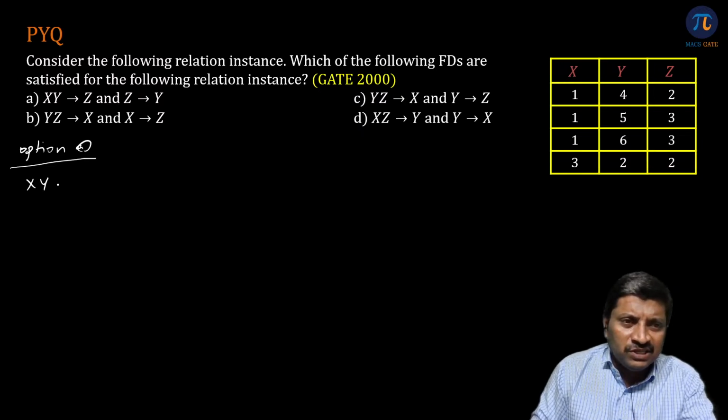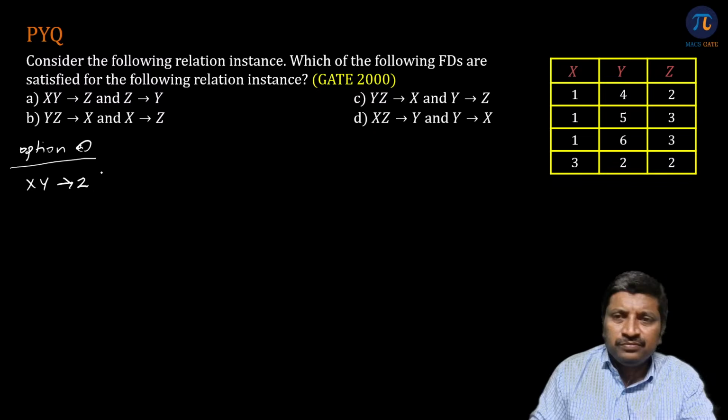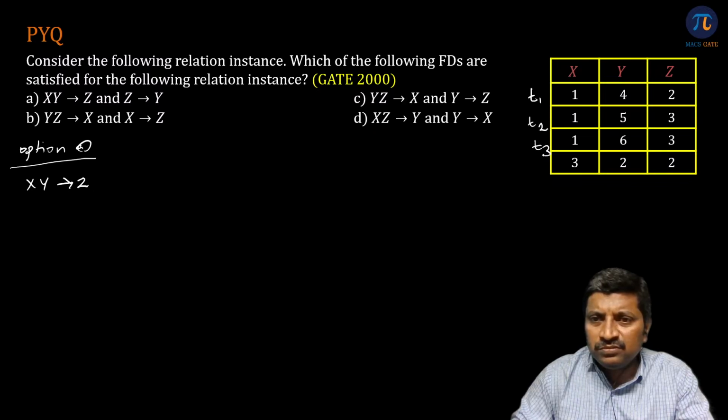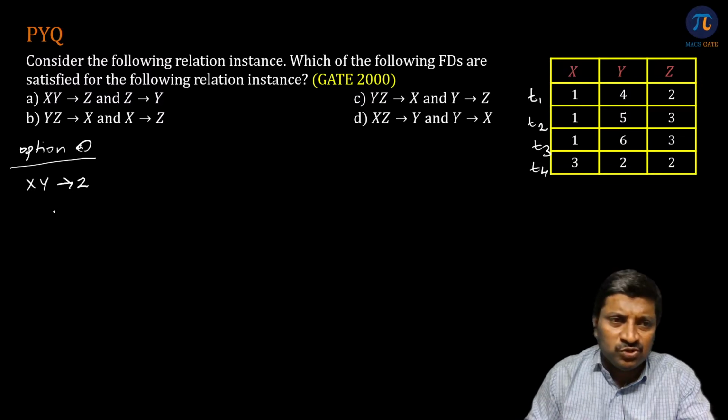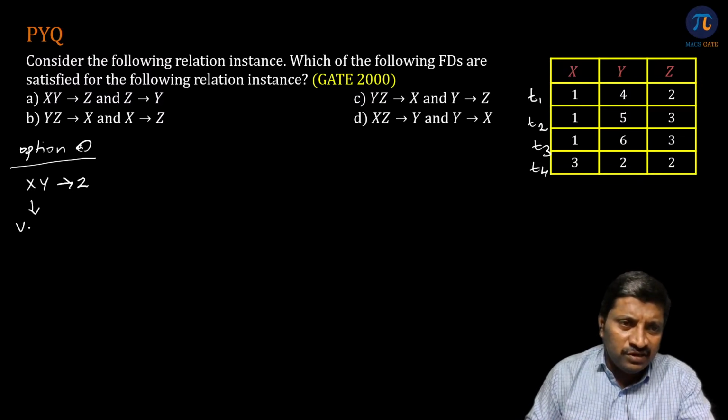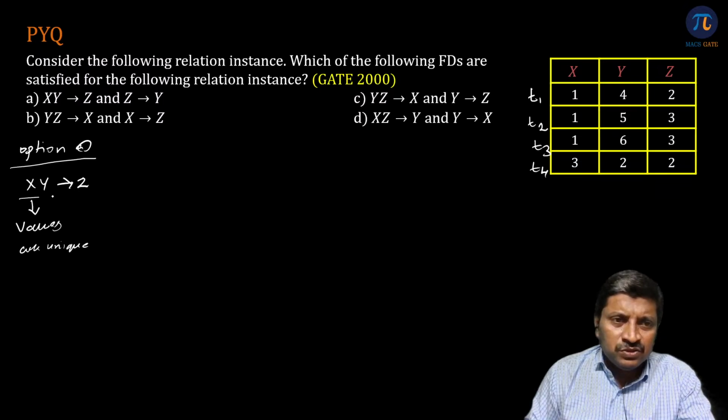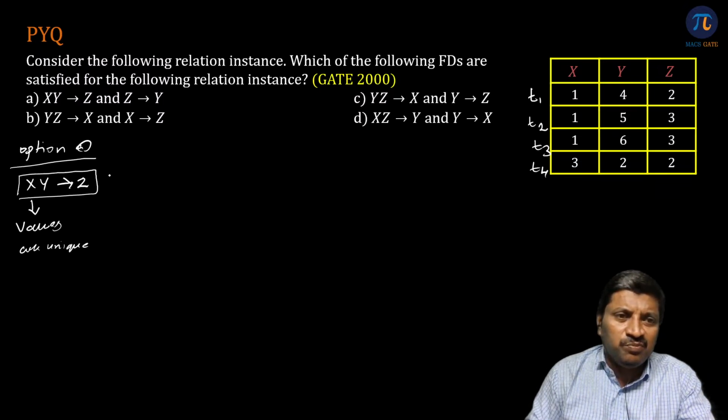XY implies Z. Let us play T1, T2, T3. What about XY values, sir? Please verify 14, 15, 16, 32. All values are unique. So XY implies anything. So the first option is clear.